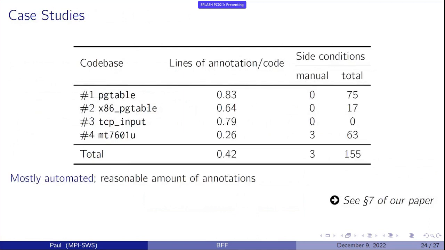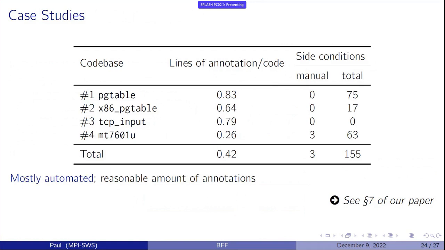We also conducted case studies on 4 code bases, from which we extracted some bit field manipulation functions. And as you can see from this table, most of them are automated. We see there are 3 manual side conditions, which means they have to be proven with manual steps.